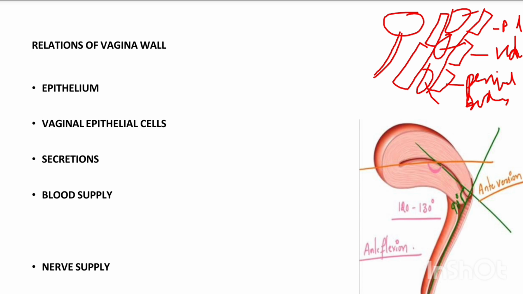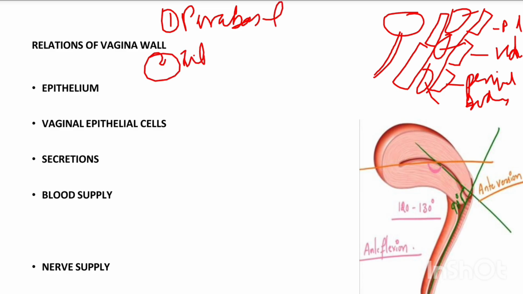Now what are the types of vaginal epithelial cells? There are three types. First one is parabasal cells, second one is intermediate cells, and third one is superficial cells.